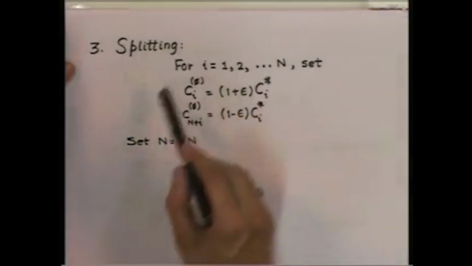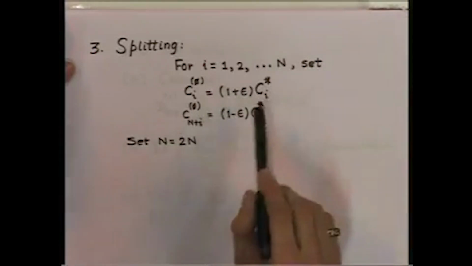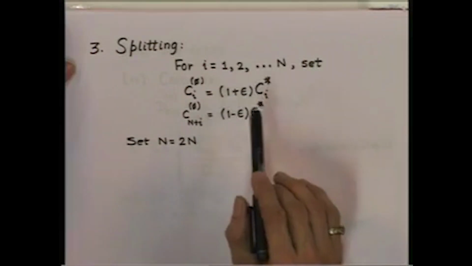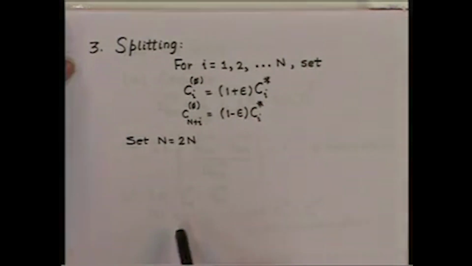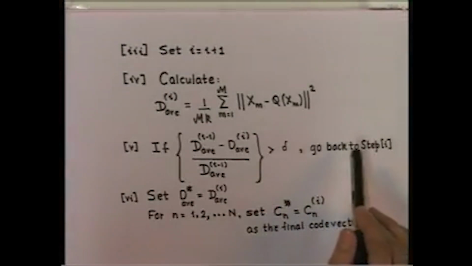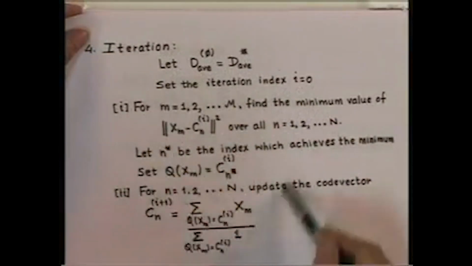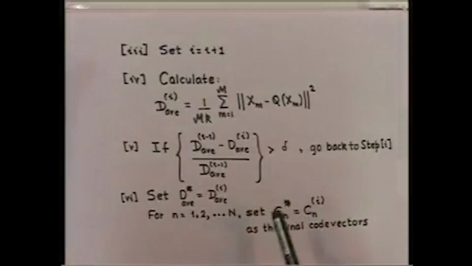And C4 0 equal to 1 minus epsilon C2 star. So, we now have 4 initial code vectors, and using these we have to get the optimum code book and partition for code book size 4. To get that, we again move over to step number 4, that is iteration, and once more we go through the 6 substeps under the iteration step.